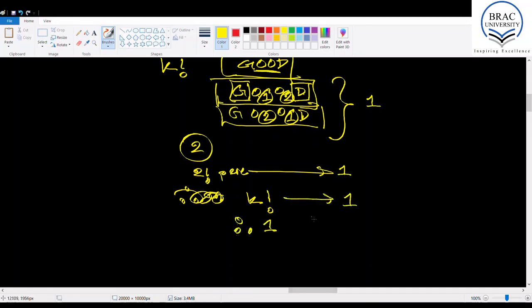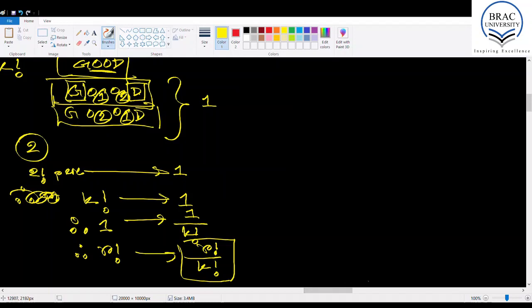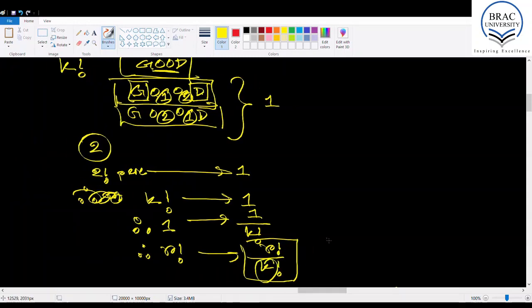According to the unitary method, 1 permutation would refer to 1 by k factorial number of permutations, and since there are total r elements, r factorial permutations would refer to r factorial divided by k factorial number of ways. So here we get that if we have r different elements to be arranged in r different slots and k same elements, then the total number of permutations will be r factorial divided by k factorial.